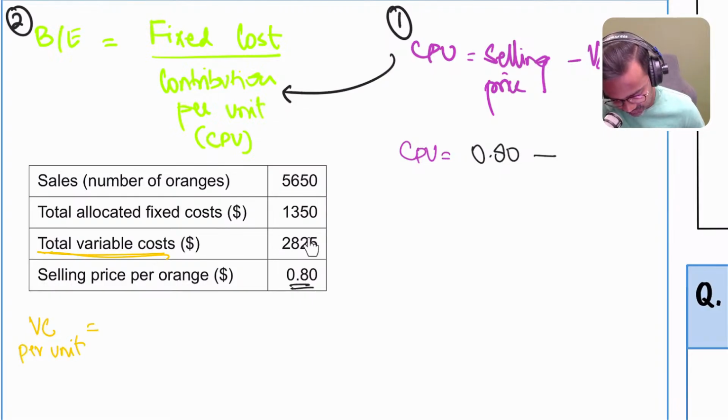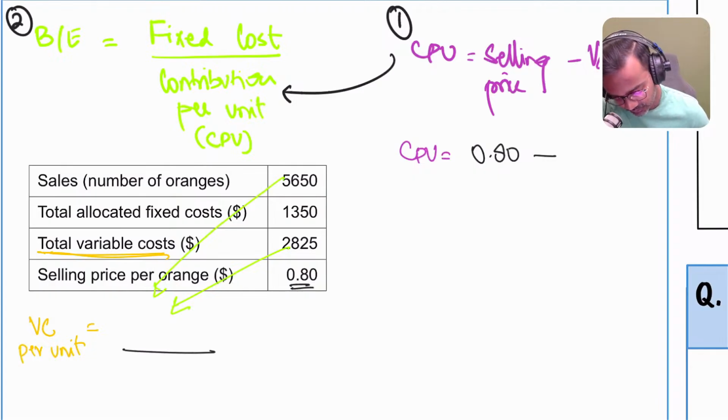Well, if this was your total variable cost for these number of oranges, we can calculate variable cost per unit, right? So total variable cost divided by our output, which basically numbers I'm bringing these ones here and these ones here.